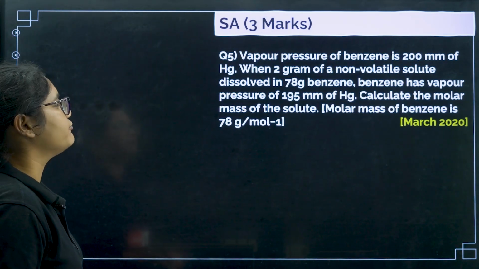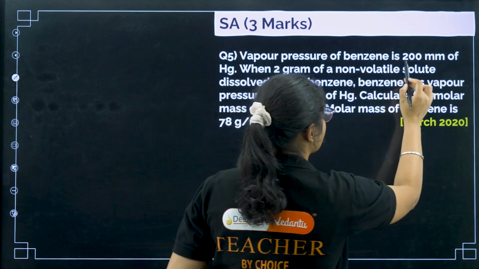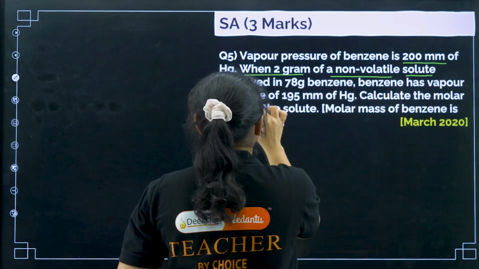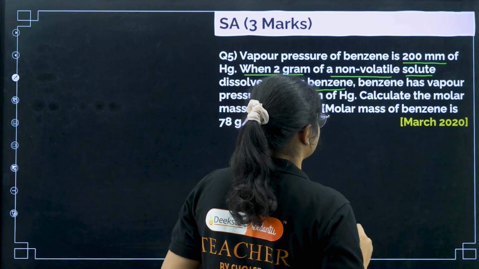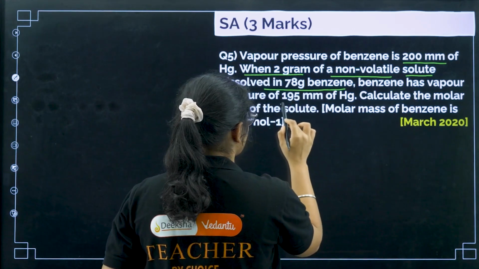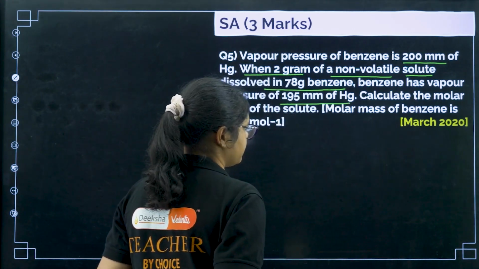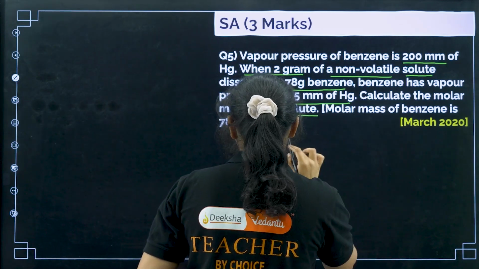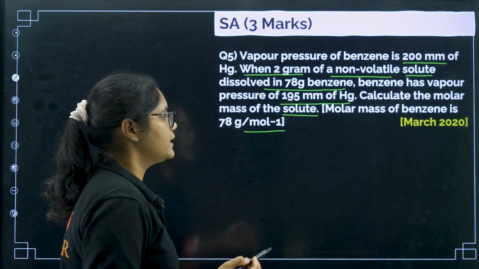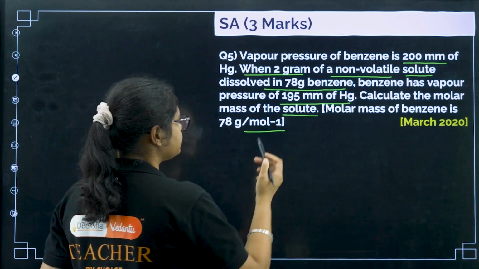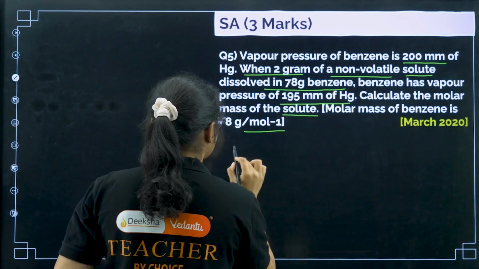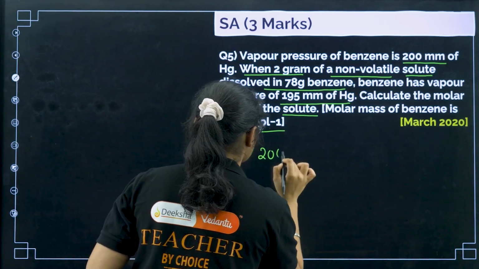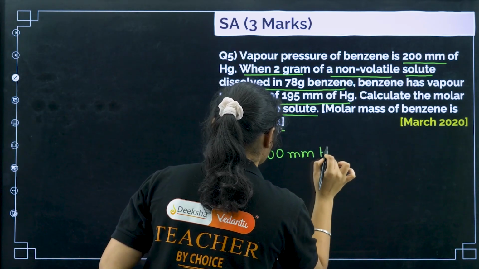Next, question number 5. Vapor pressure of benzene is 200 mm of Hg. When 2 gram of a non-volatile solute is dissolved in 78 gram of benzene, benzene has a vapor pressure of 195 mm of Hg. Calculate the molar mass of the solute. Molar mass of benzene is 78 gram per mole. So let us note down the values first. The vapor pressure of benzene, P naught value, is 200 mm of Hg.